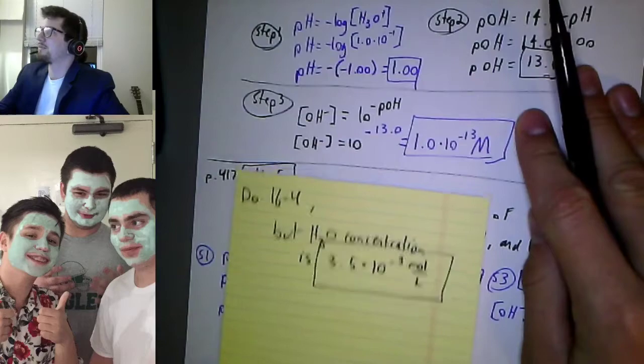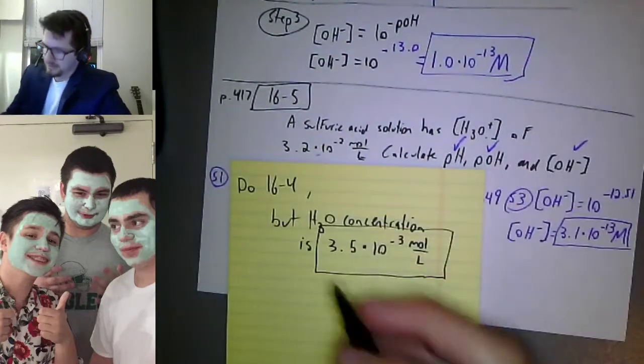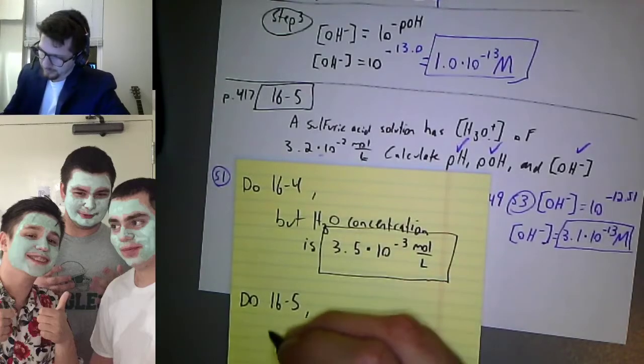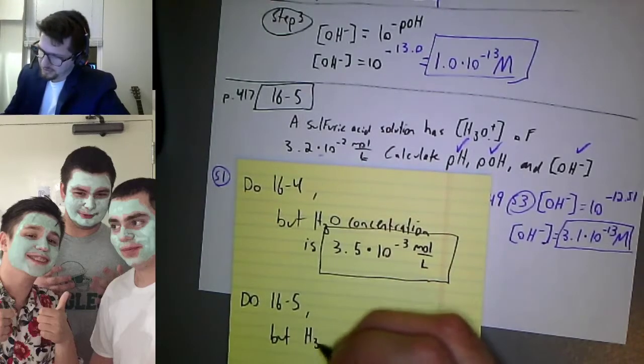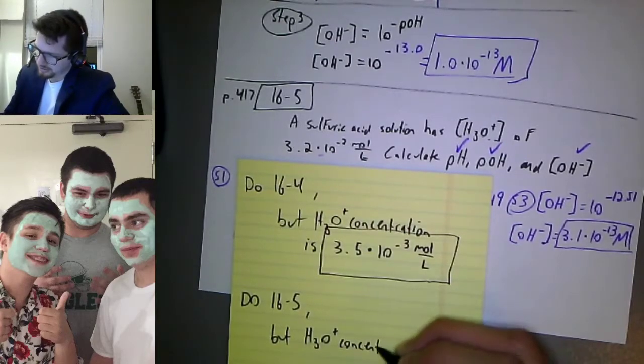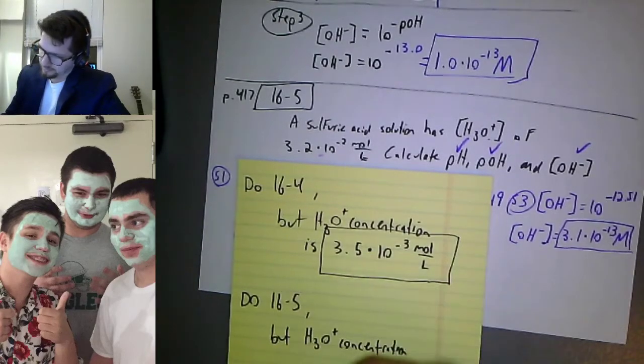And then I want you to do this problem, but your H3O plus concentration is 6.1 times 10 to the negative fourth moles per liter.